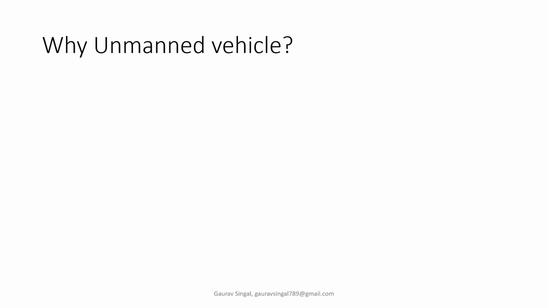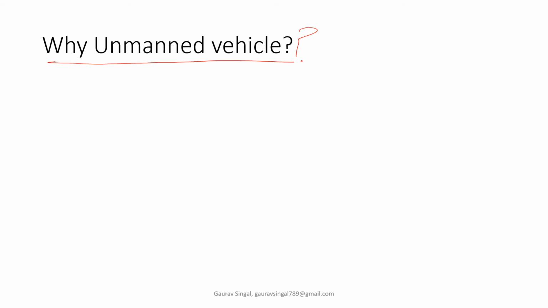Now next, why unmanned vehicles? What is the requirement for unmanned vehicles when we already have good capability aeroplanes and helicopters, bigger ones and smaller ones? Why are we going for unmanned?